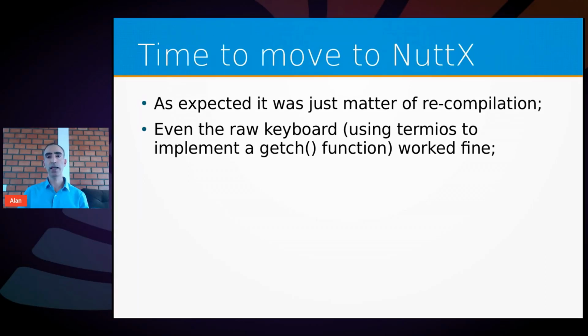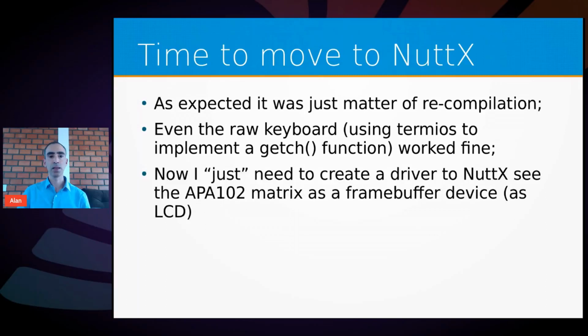The term I use, the one used on Linux to implement getchar, avoids having to press a key and then press enter. So I just press the arrow up and down, and it works very nicely.